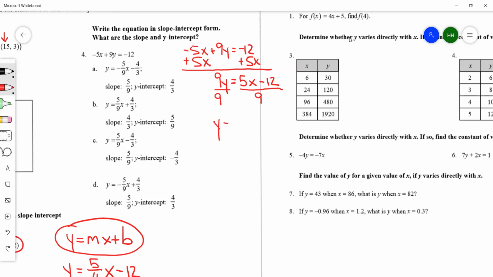So y equals 5/9 x minus 12 divided by 9, 12/9. What goes into 12 and 9? 3. 3 goes into 12 4 times, and it goes into 9 3 times. There's your answer.